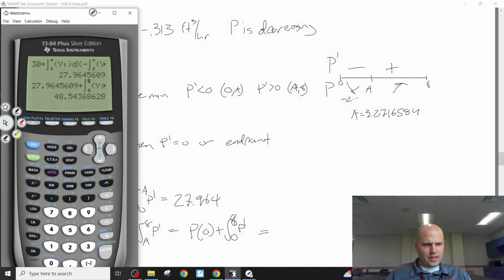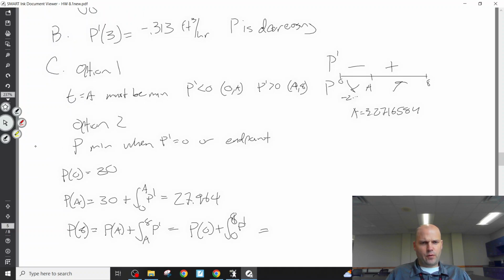This is the same as the initial 30 plus the integral from 0 to 8 of y3. Okay, 48.543.